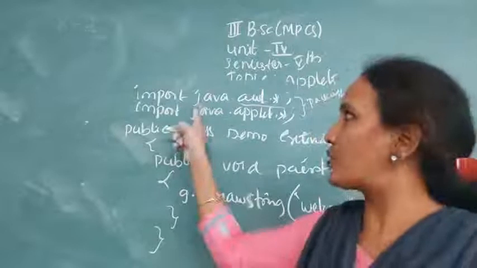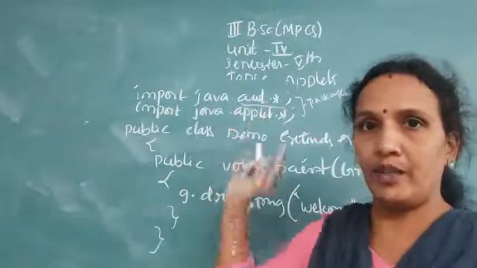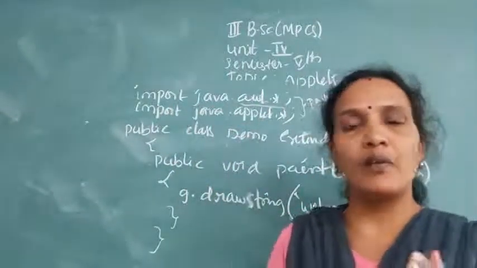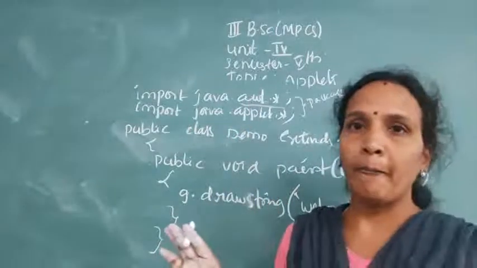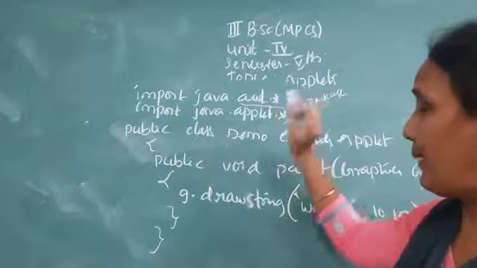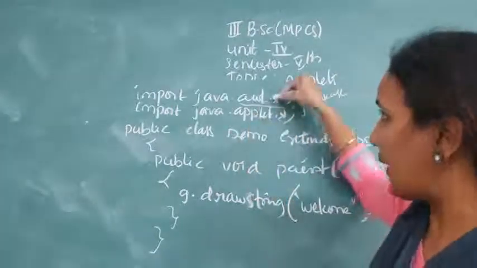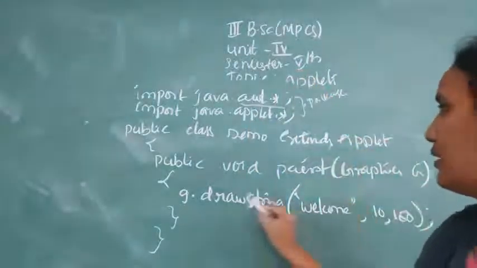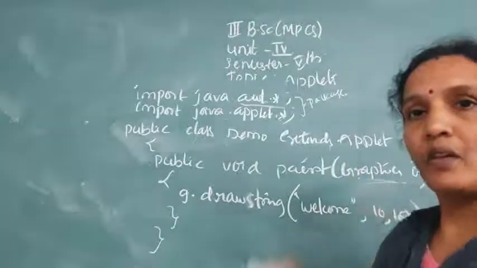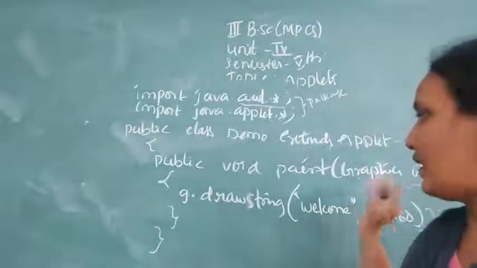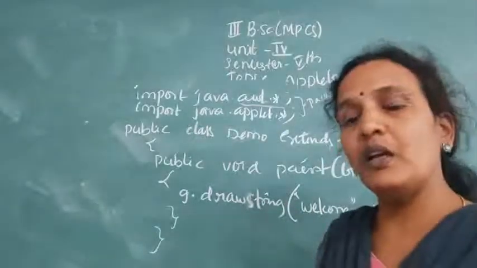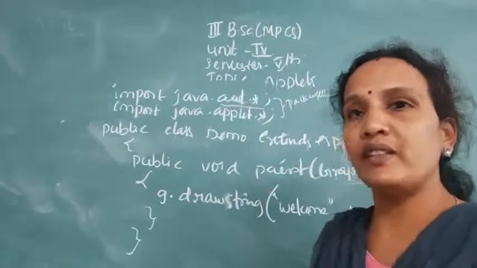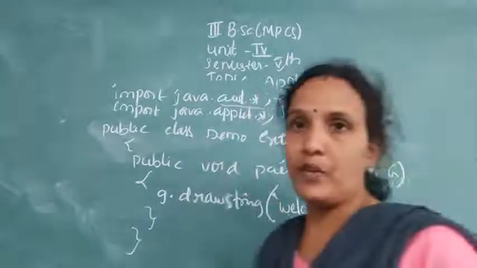Import java.awt means we are importing whatever classes and methods are available in these packages. From the AWT package, we are getting Graphics, and this drawString method also we are taking from that package only. That is why it is mandatory to include the AWT package.